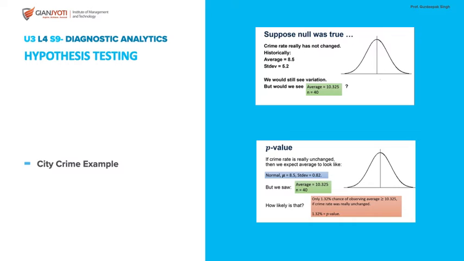So there is a 1.32% chance of observing an average equal to or more than 10.325 if the crime rate was really unchanged. So this is the probability. Even if we stick to the null hypothesis, within that there is a probability of 1.32 of occurrence of 10.325 and more. So that is what we call the probability, the p-value.